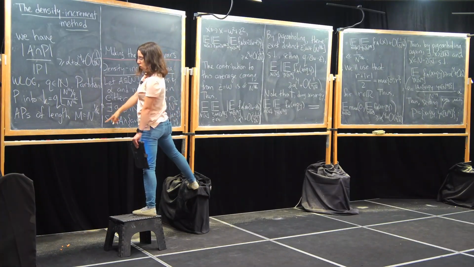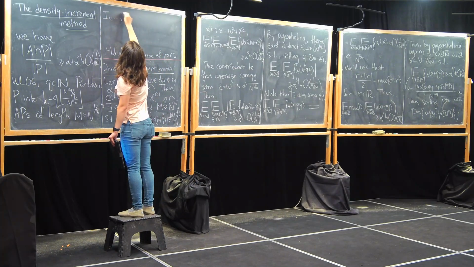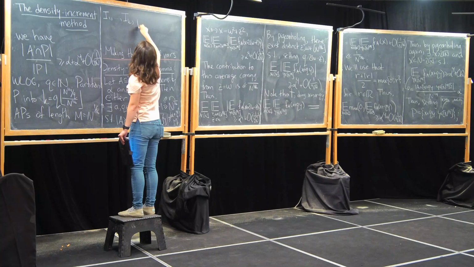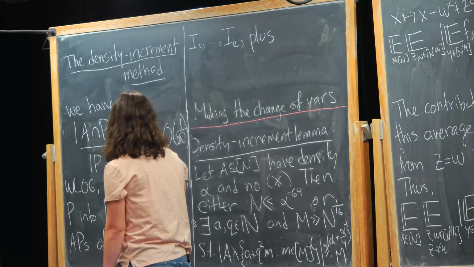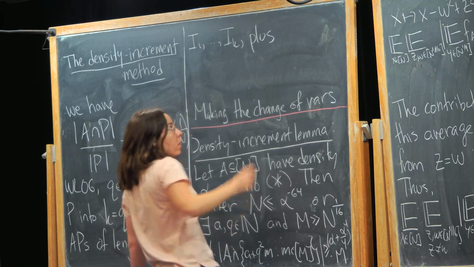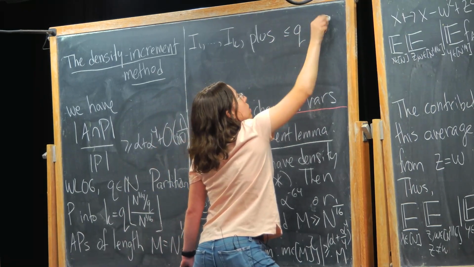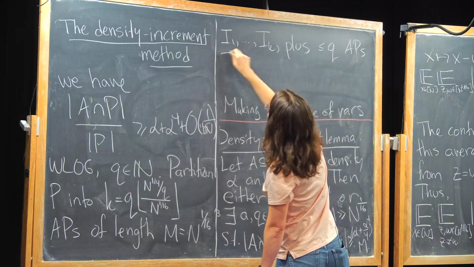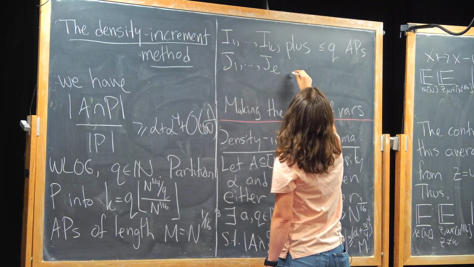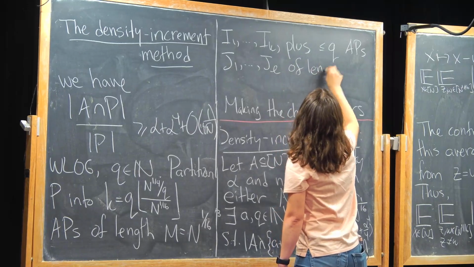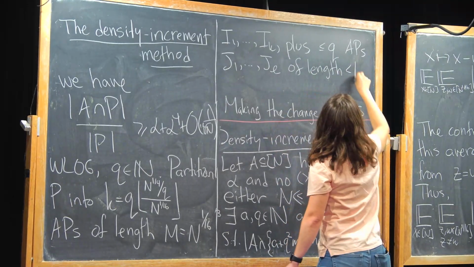Okay, so I'll call them I1 up to IK, plus, if we have stuff left over in each congruence class modulo Q squared, we'll have at most Q arithmetic progressions left over, J1 up to JL, of length strictly less than m.